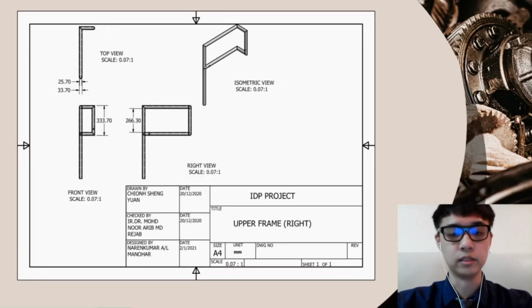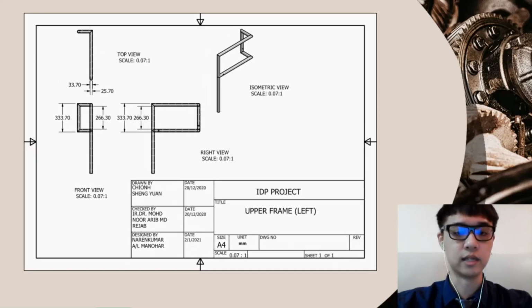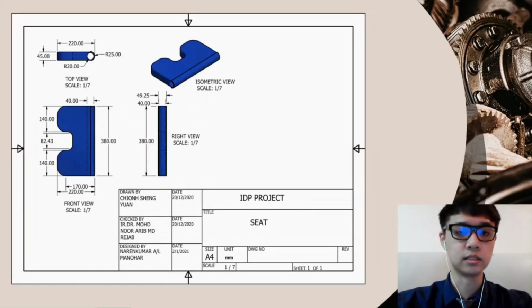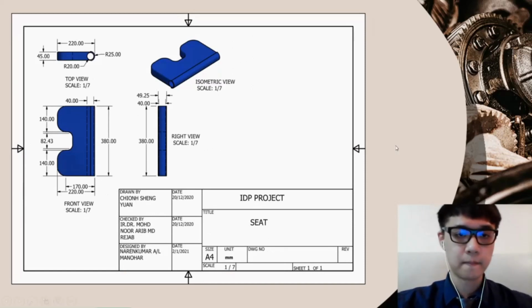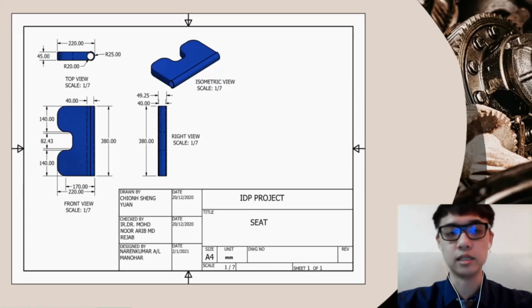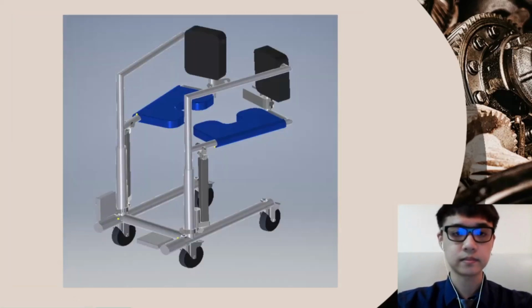Our upper frame consists of two parts, the left side and the right side. This one is for the right side and this one is for the left side. The design of our seat is in a C shape, because we want to decrease the friction between the buttocks of the user and the surface of the seat.